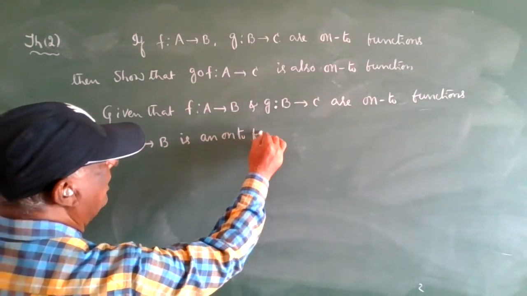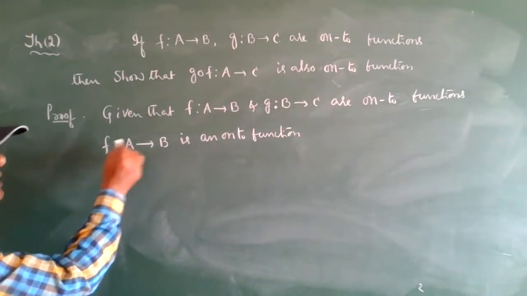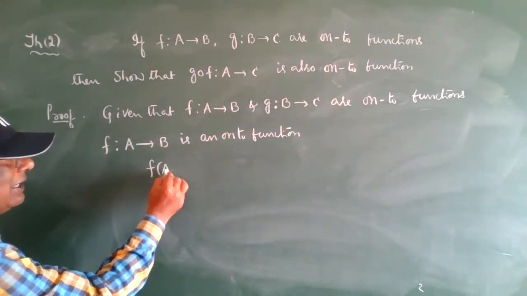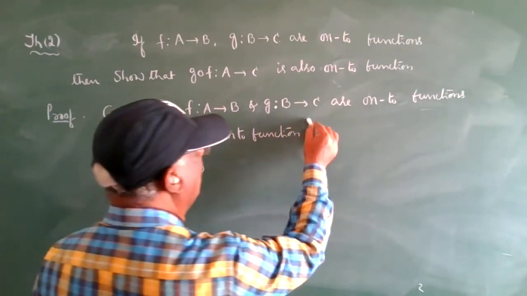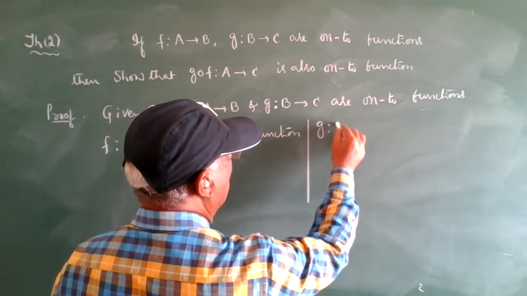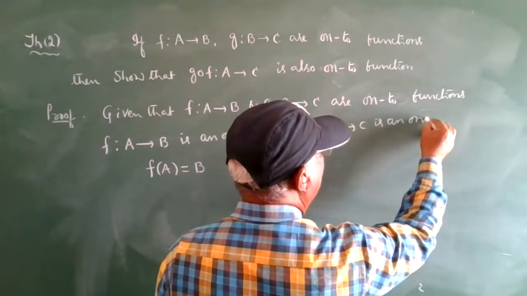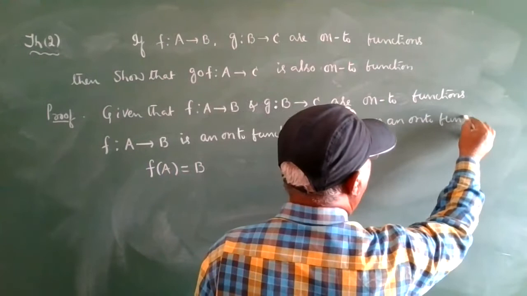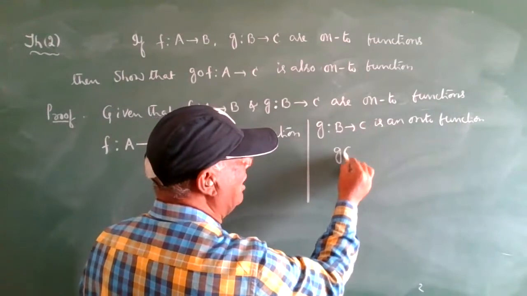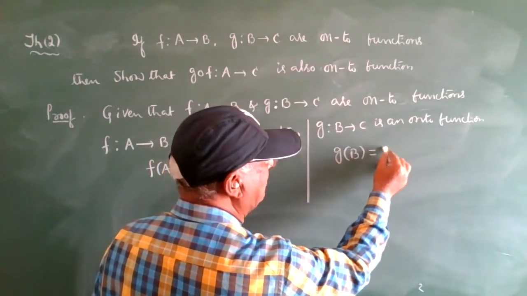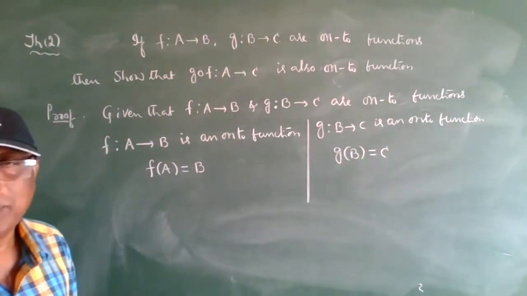That means the image of A is B: f of A is equal to B. That's enough. g is a mapping from B to C, an onto function, so the image of B is C: g of B is equal to C. Those two points are completed.